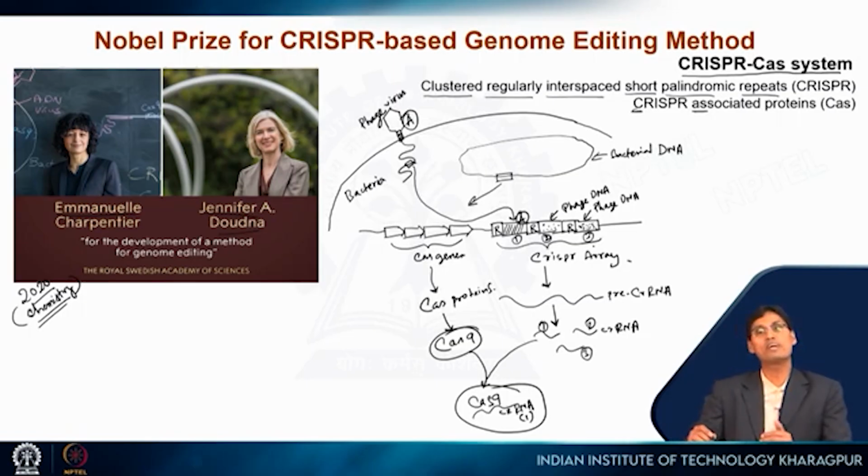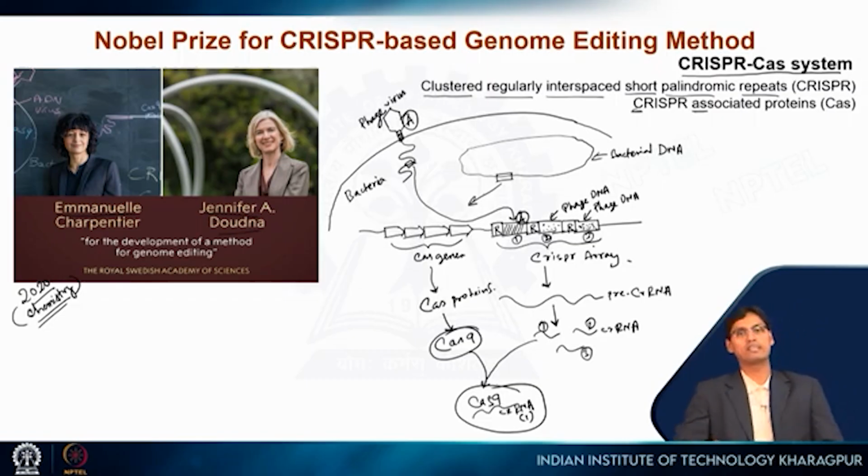But next time, if the same virus infects again, the CRISPR RNA will be generated, and along with the Cas9 protein, the viral DNA will be destroyed. This is the overall technique, how bacteria prevent themselves. This is very similar to the mammalian adaptive immune system, but in their own way.